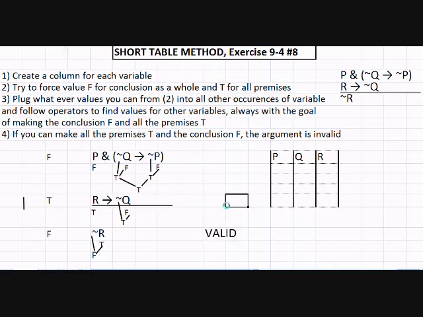In other words, it's not possible for all the premises to be true and the conclusion to be false. And so we leave this table blank because this table here is supposed to only represent those combinations of true and false values for the variables that identify scenarios of invalidity. Here we don't have any scenarios of invalidity because the argument is valid. This table here, therefore, is blank.